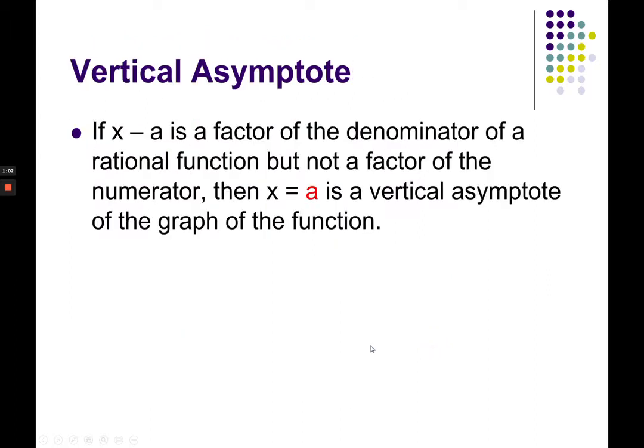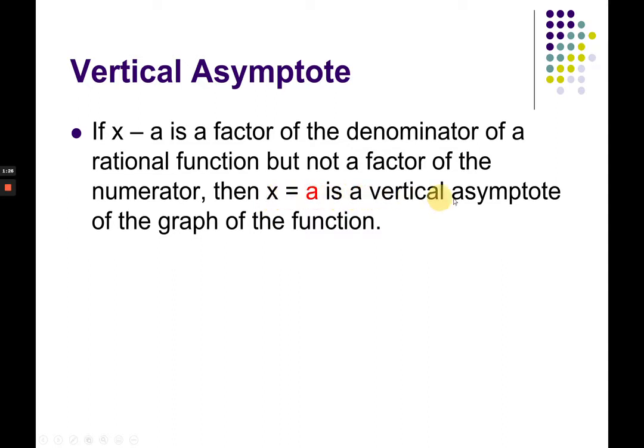Now, how do you find your vertical asymptote? If x minus a is a factor of the denominator of a rational function, but not a factor of the numerator, therefore it means it was not cancelled, then equating x minus a equal to 0, you will find your vertical asymptote, which is x is equal to a.